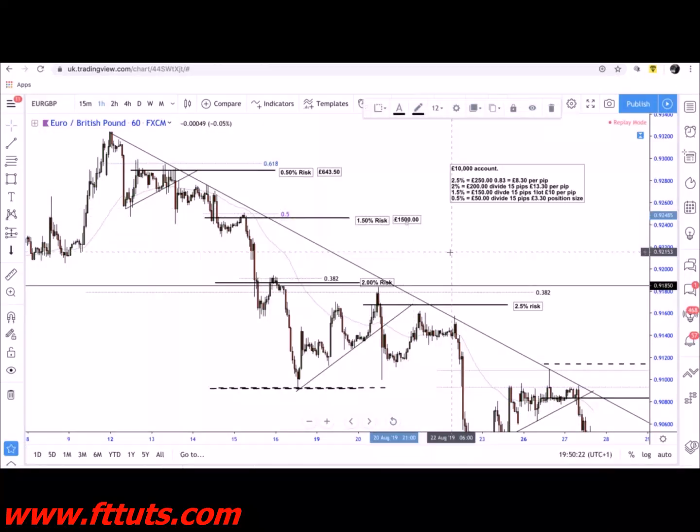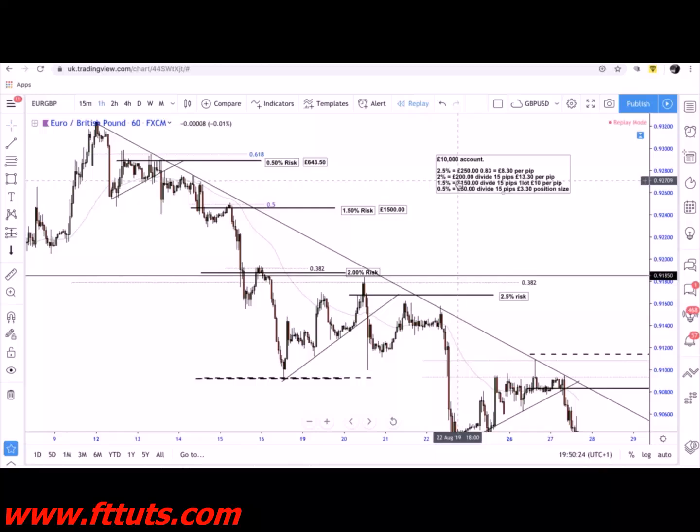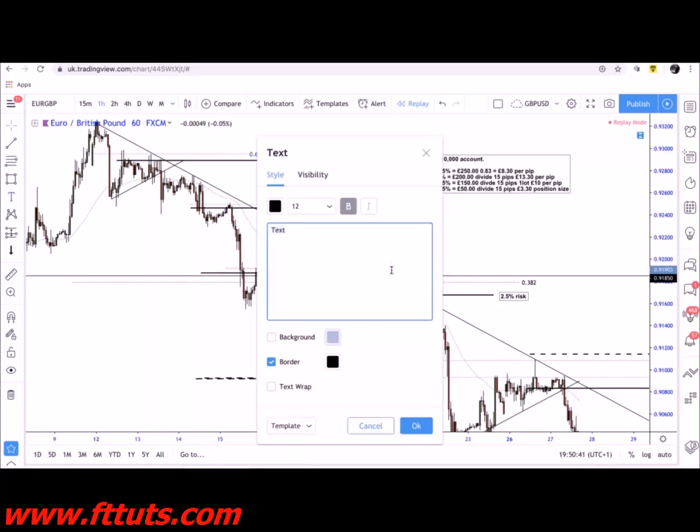And then on the next one, at 2%, we were risking £13.30 per pip. £13.30 times 93 pips would be £1,236.90.